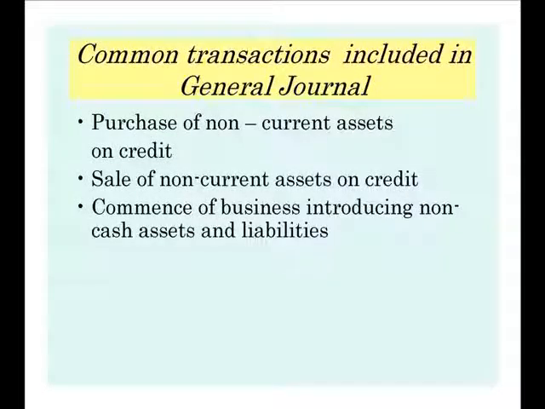Commencement of business, introducing non-cash assets and liabilities. The owner brings non-cash assets. In the past, the examples we worked included cash. The owner introduced 10,000 as capital. Owner introduced 20,000 cash as capital.